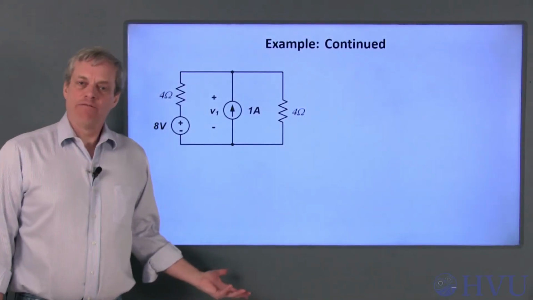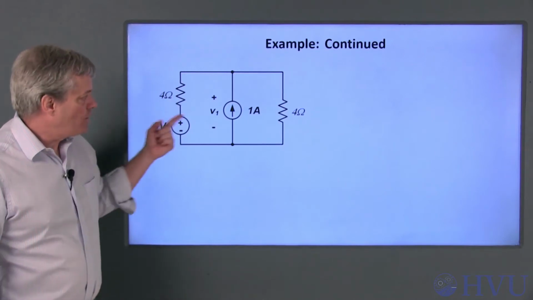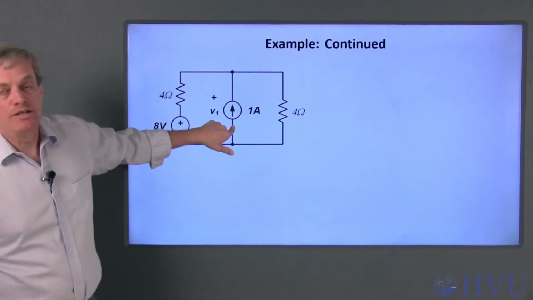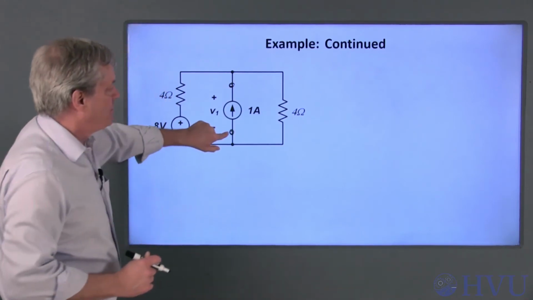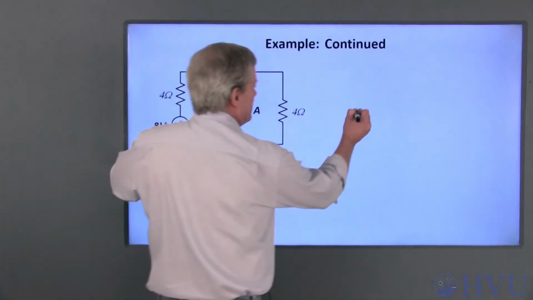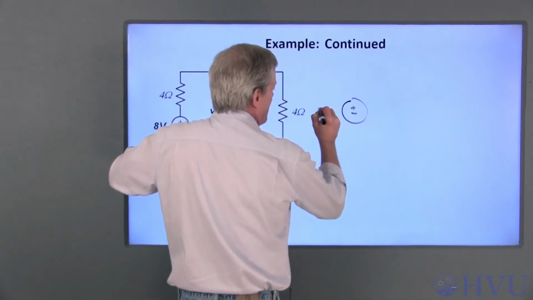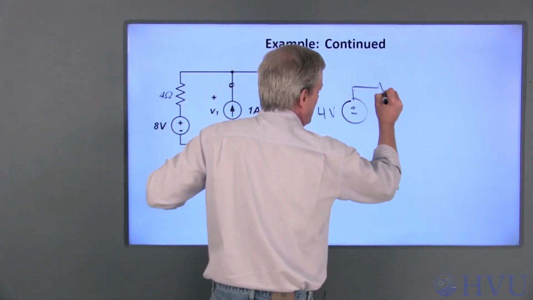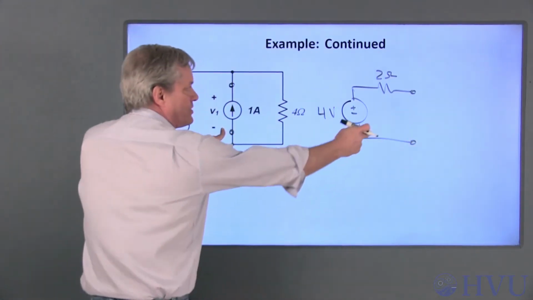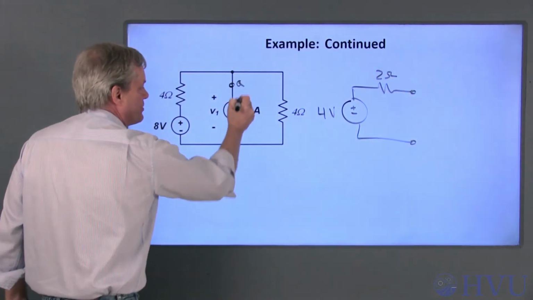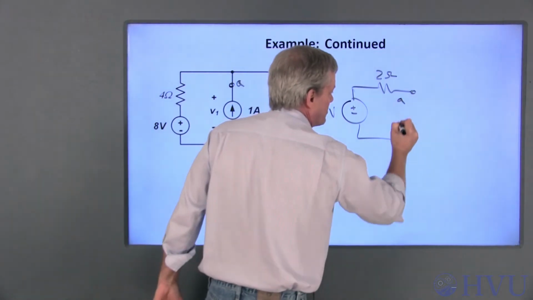Now I'm going to use the Thevenin equivalent circuit I created before to calculate this voltage V1 due to a 1 amp source. So my Thevenin equivalent circuit was the circuit seen by these terminals. So I had a 4 volt source and a 2 ohm Thevenin resistance. Now these two terminals have the same voltage-current relationship as these two terminals.